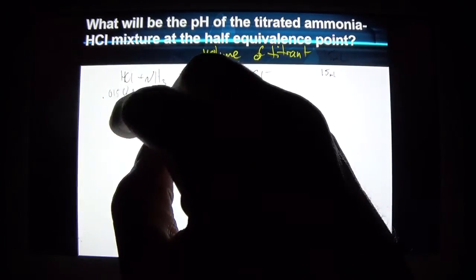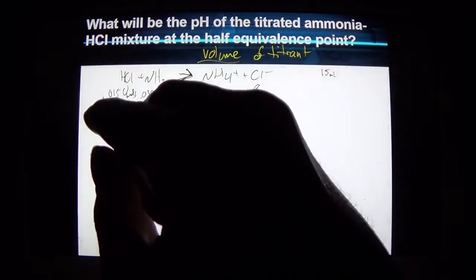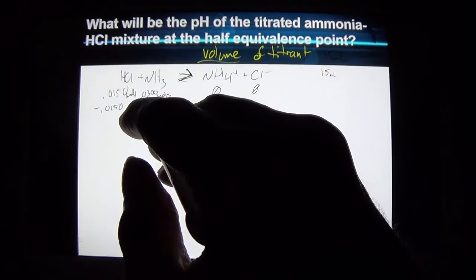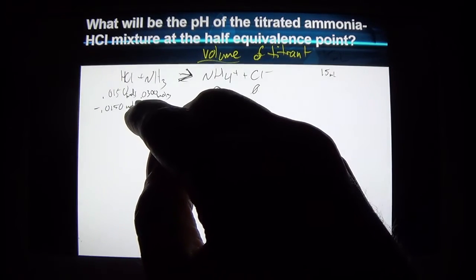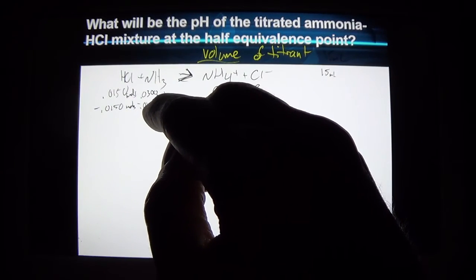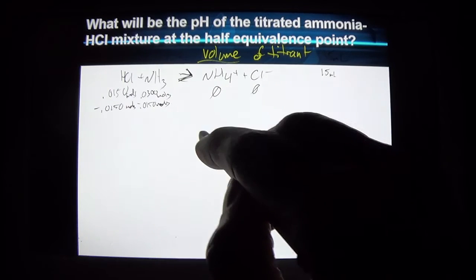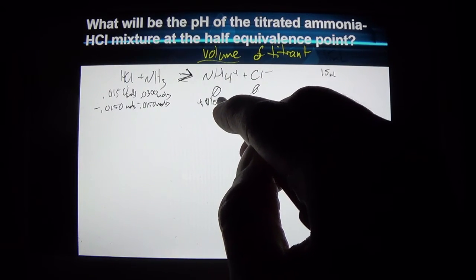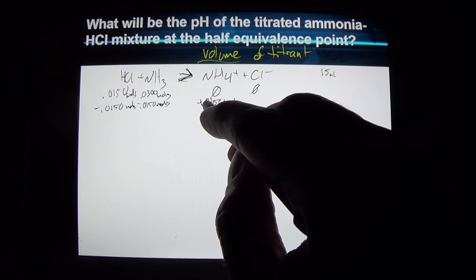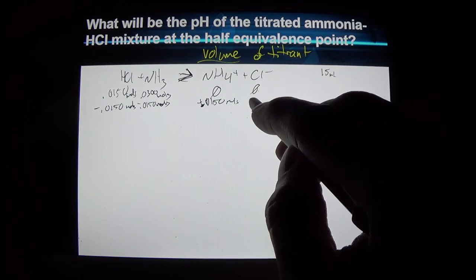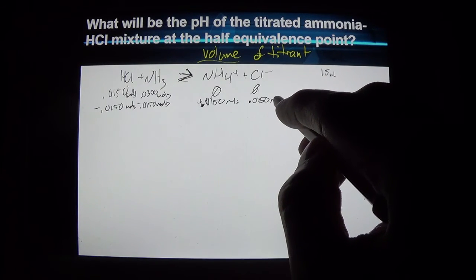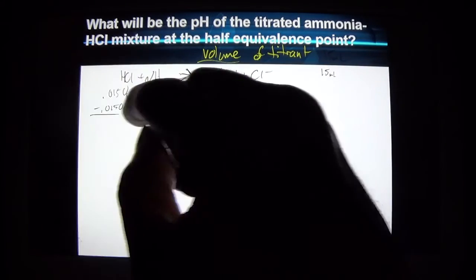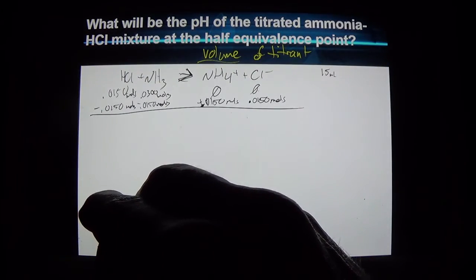Now I certainly have a limiting reactant situation going on here, so I'm going to lose the 0.015 moles of HCl, and I'm going to lose, in a 1-to-1 ratio, that many moles of ammonia, and I'm going to gain that many moles of ammonium. So what do I have at the half equivalence point?